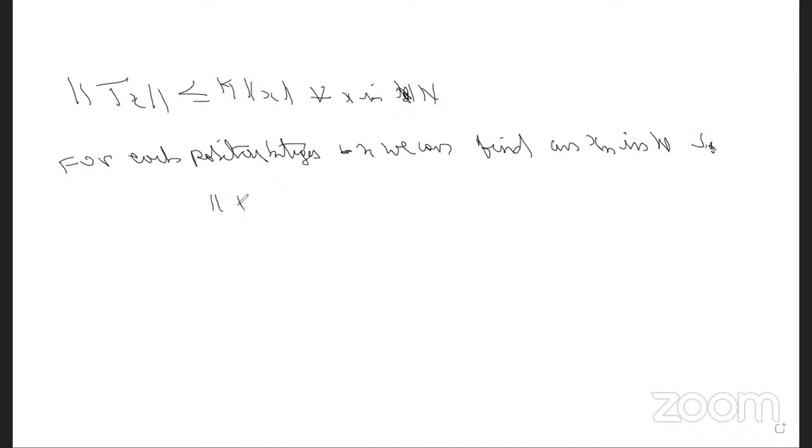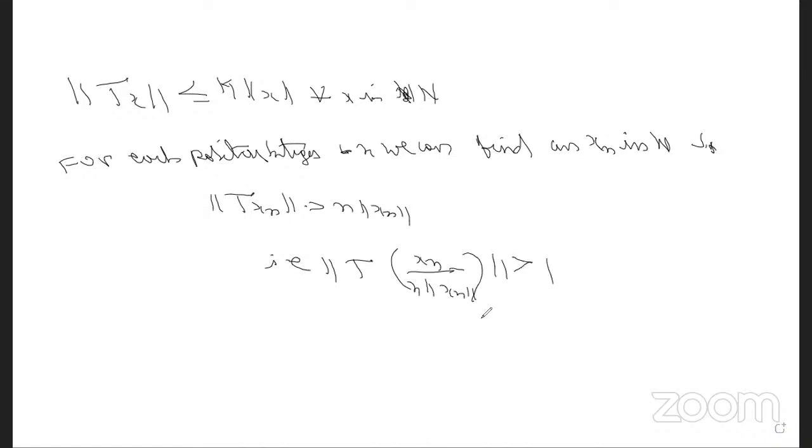So norm of T of xn divided by n times norm of xn, which is greater than 1.